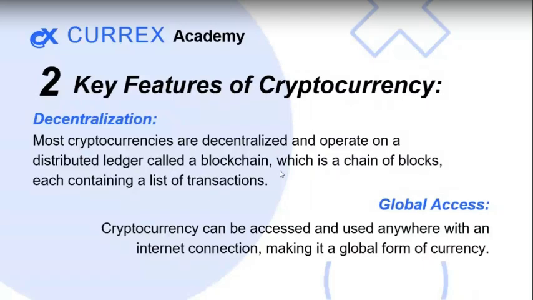Cryptocurrency can be accessed and used anywhere with just your internet connection, making it a global form of currency. Let's take, for example, if you have Naira, you can't spend Naira in the US, you can't spend Naira in Canada, you can't spend Naira in other African countries. But if you have Bitcoin as a Nigerian, it can be sent to the US and the person can spend it there.